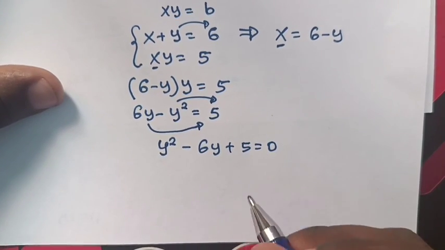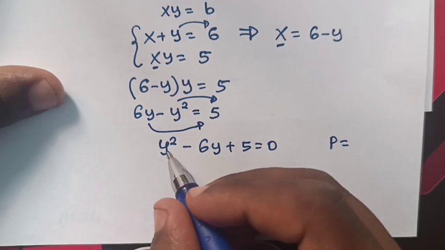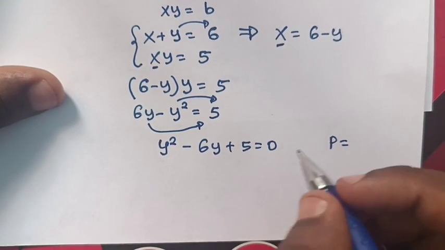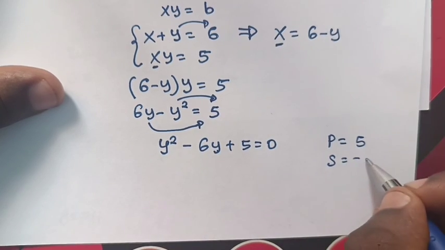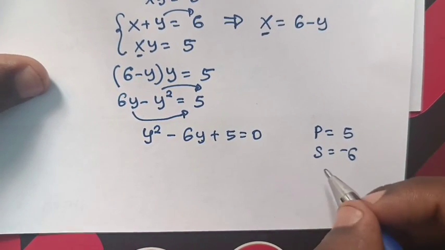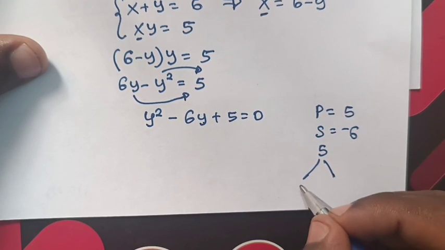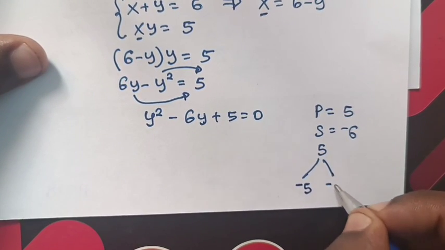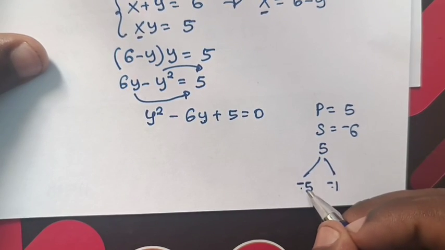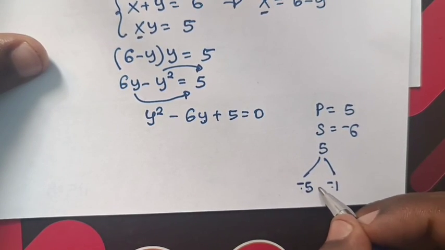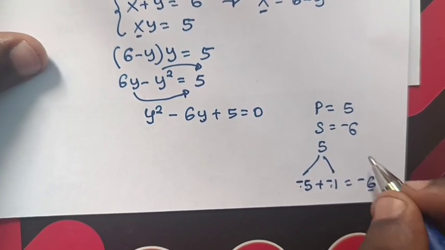Then we solve this by factorization. So here the product is the coefficient of y squared, 1, times 5 is 5, and the sum is the coefficient of y, which is negative 6. So to get 5, it means the product of negative 5 and negative 1. So this times this is 5, and the sum negative 5 plus negative 1 is negative 6.